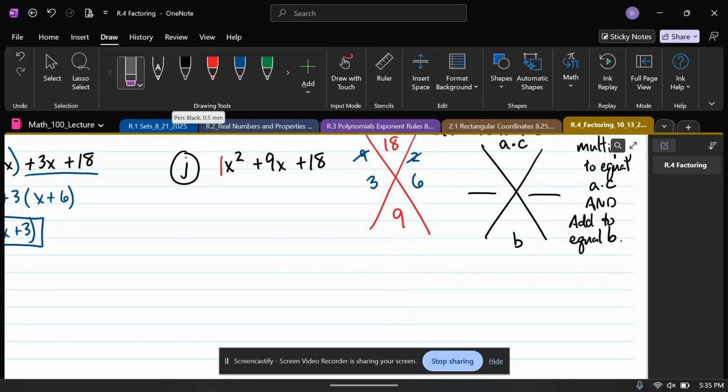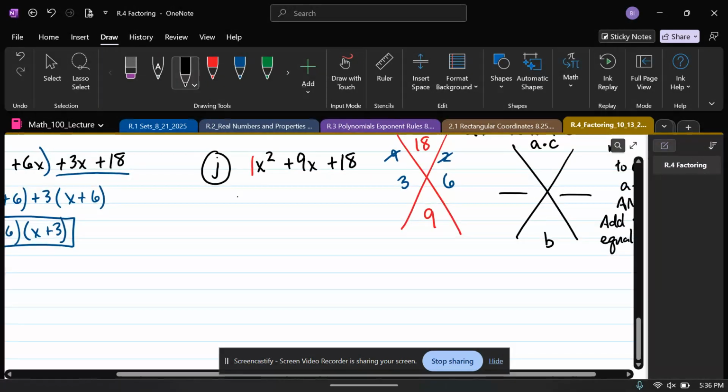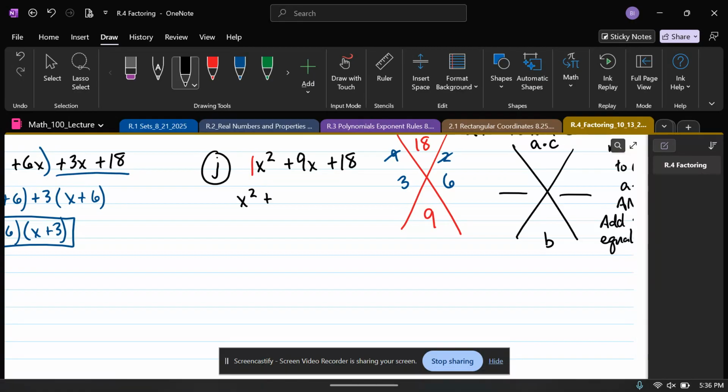Okay, now here's where that came from in the example. I replaced the 9x with the 6x and the 3x. And it doesn't matter what order you put those in.